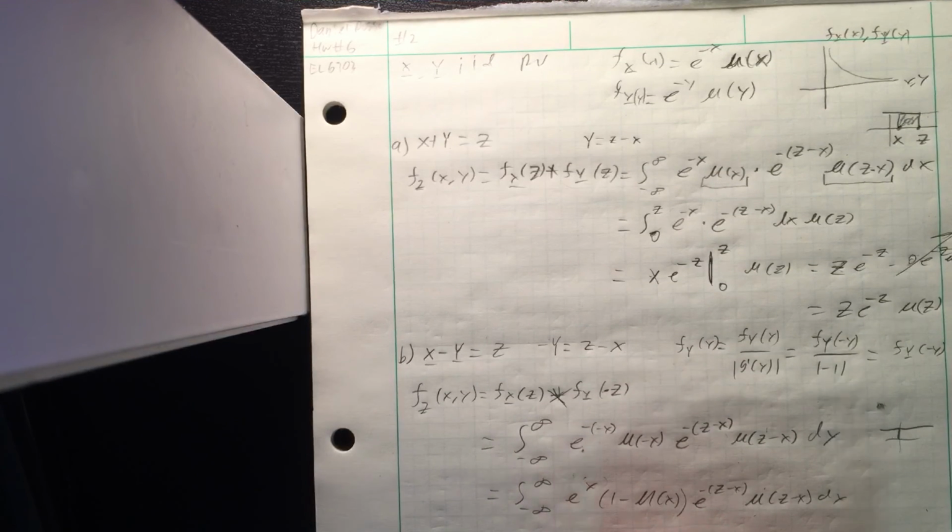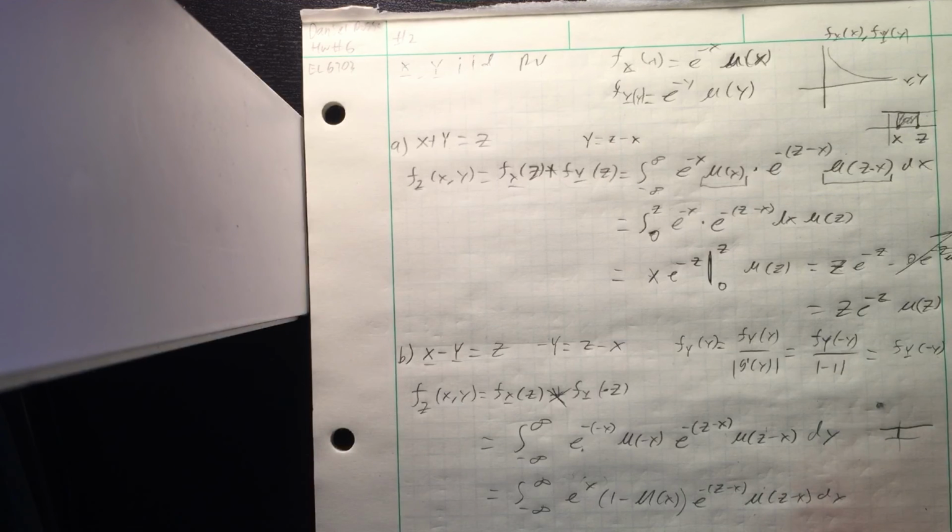So from negative infinity to z, this is going to be a valid function of 2x, because x minus z plus x, so 2x, e to the negative z dx minus, from 0 to z, e to the 2x e to the negative z dx u of z.